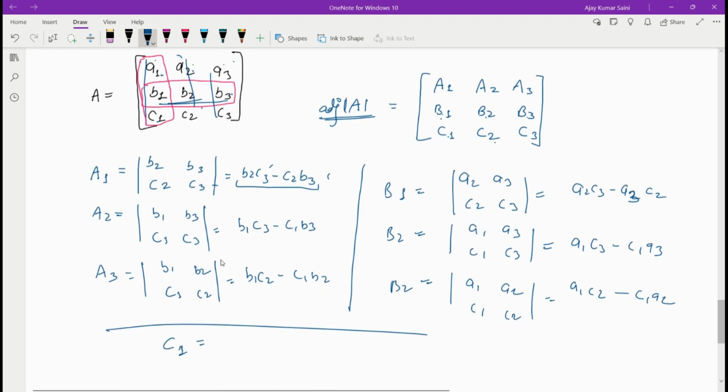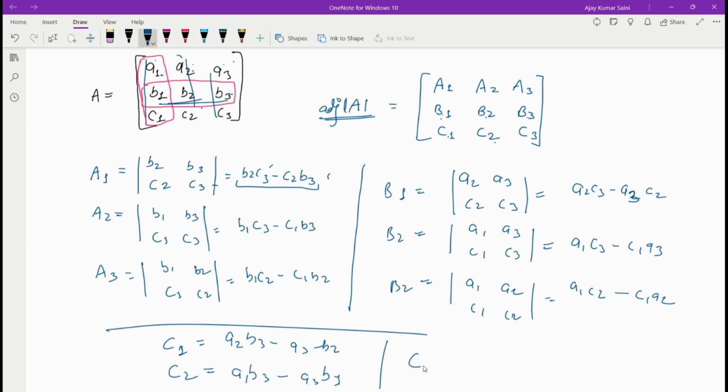So C1 is equal to A2 B3 minus A3 B2. C2 is equal to A1 B3 minus A3 B1, and C3 is equal to A1 B2 minus B1 A2. Okay, so this is coming from this.